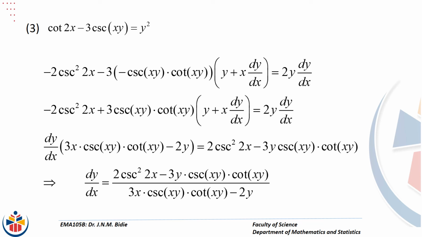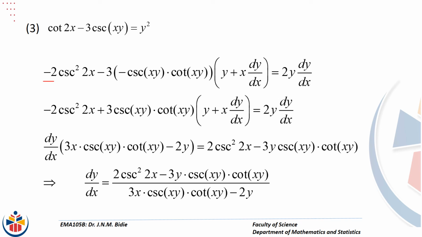Number 3, we've been given cot 2x minus 3 cosec xy equal to y squared. Now, once again, we implement what implicit differentiation requires of us. We find the derivative of each term. The derivative of cot 2x is negative cosec squared 2x multiplied by 2.